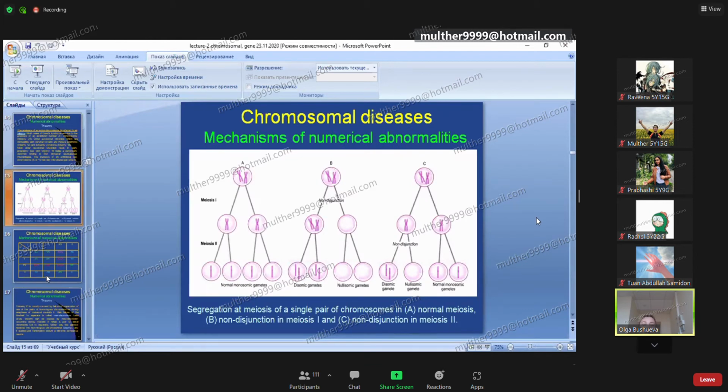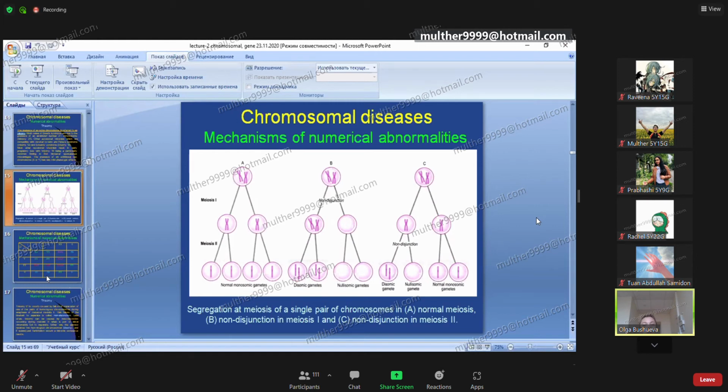Doctors, on this slide, you can see mechanisms of numerical abnormalities formation. Segregation in meiosis of a single pair of chromosomes in a normal meiosis you can see in picture A. On picture B, you can see non-disjunction in meiosis 1, and on picture C, you can see non-disjunction in meiosis 2.